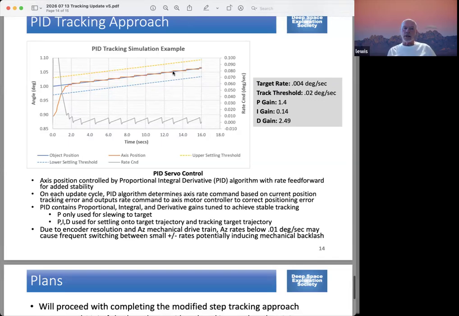One note is the PID can come up with a commanded rate that's higher than the max rate, and so what the algorithm does is basically limit it. The way you find the commanded rate, you add up the P and the I and D commands along with the current object rate, and that forms your overall commanded rate.